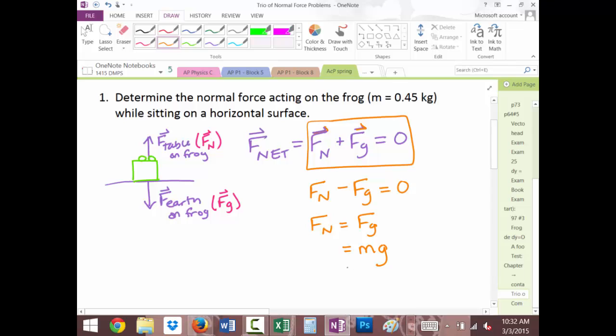I know the mass is 0.45 kilograms. I know the acceleration due to gravity is 9.81 meters per second squared. And based on that, with the calculator you have out, you can tell me the normal force. So go ahead and calculate that real quick. Just a nice little multiplication problem, right? That's not hard.